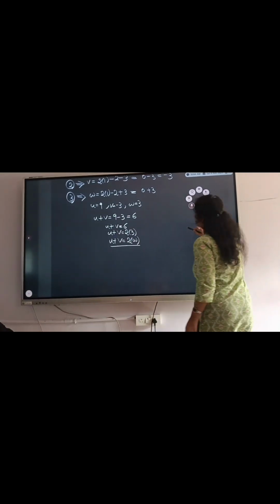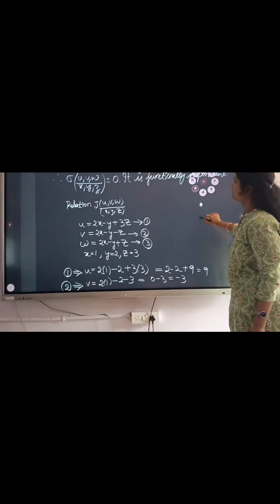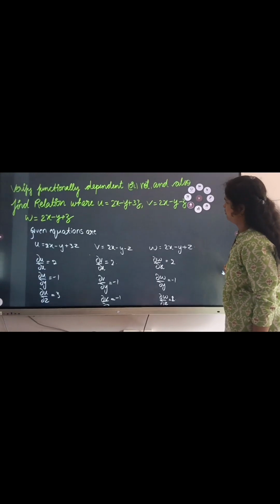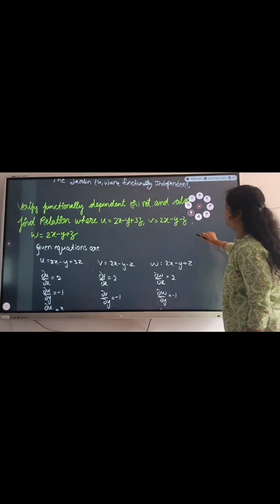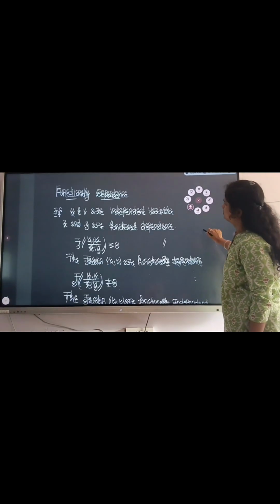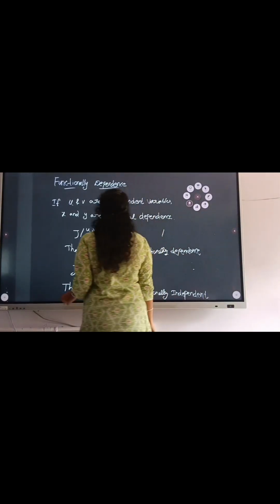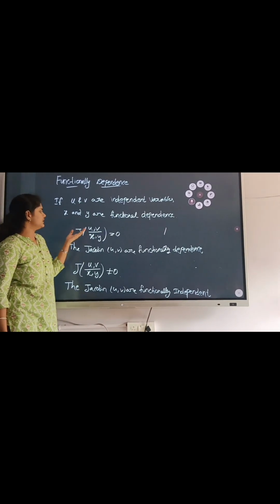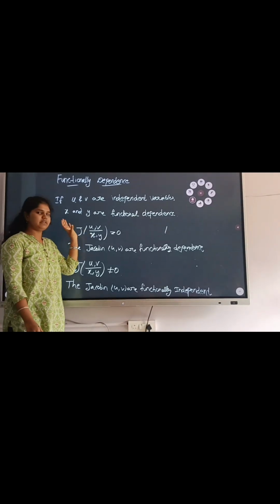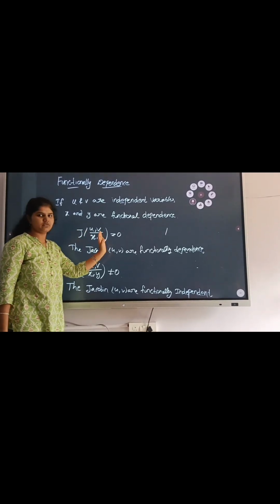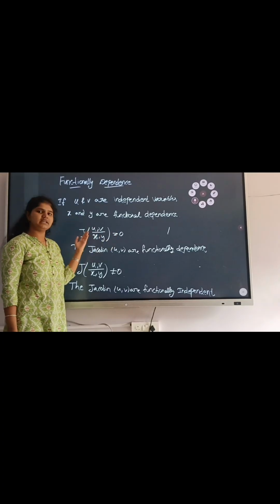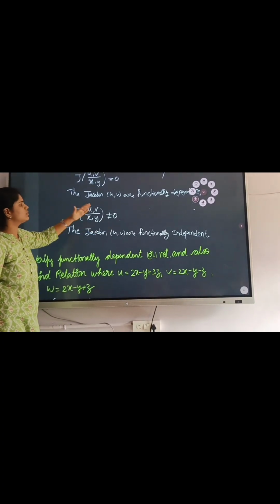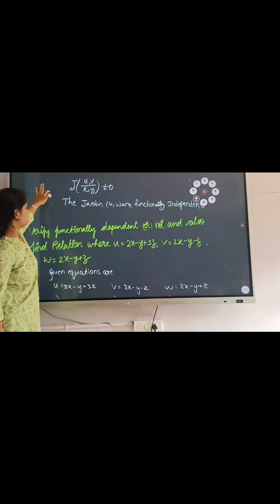I will give you the overview of this total concept. If the given functions are u, v and variables x, y, we find the determinant of the Jacobian. If it is 0, then it is functionally dependent. If it is not equal to 0, then it is functionally independent.